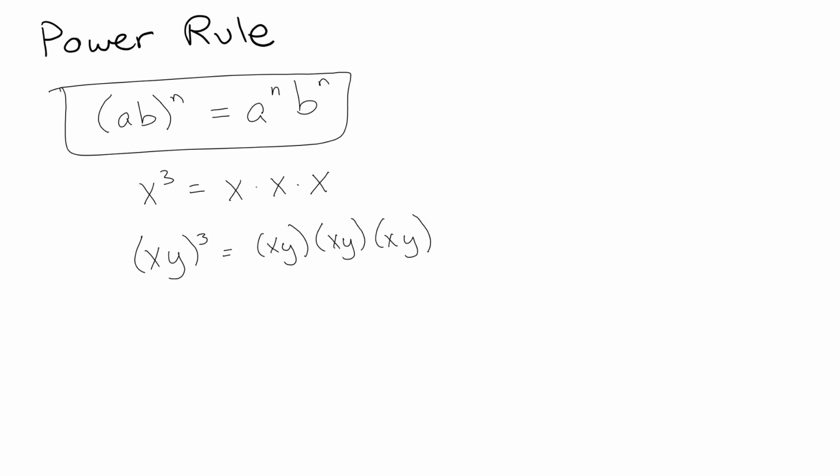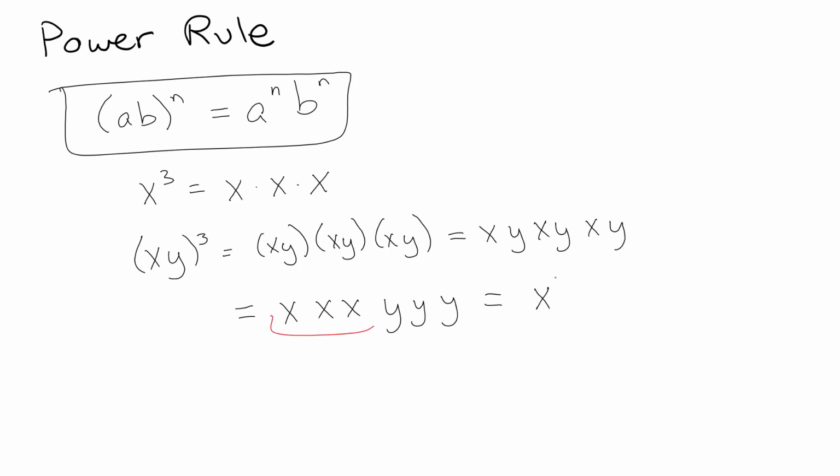Since it's all multiplication, we can get rid of the parentheses and rearrange those terms to look like x, x, x, y, y, y. We can combine the first set together to get x cubed, and combine the second set together to get y cubed.